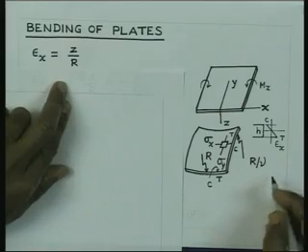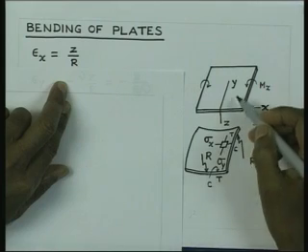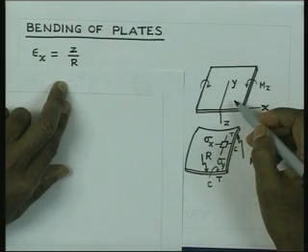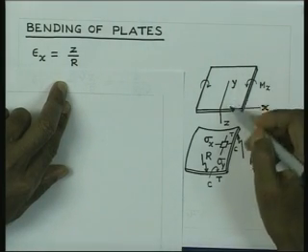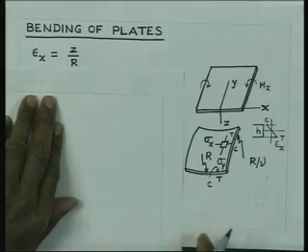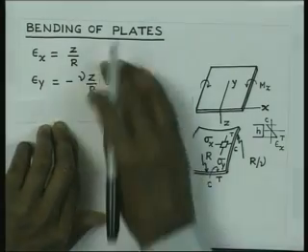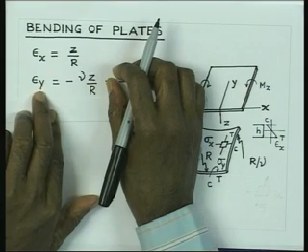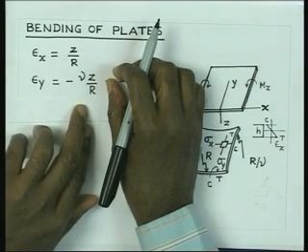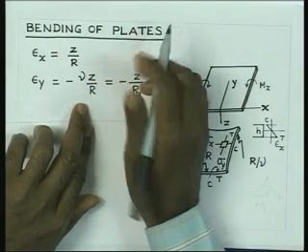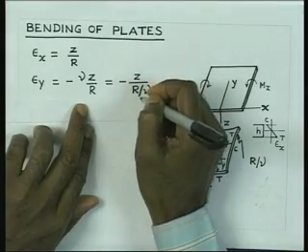Now, the strain which is going to develop because of the strain in the x direction, that is going to develop in the y direction, it is going to be nu times the strain in this direction. So, we can write epsilon y is equal to minus nu z by R, which you can write as minus z by (R by nu).